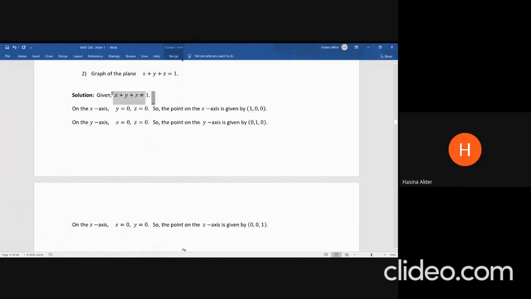By solving, you get y equals 1. So the plane intersects the y-axis at the point (0, 1, 0). Is that good to everyone? Yes miss. Similarly, the plane intersects the z-axis at the point (0, 0, 1). Is that good to everyone?